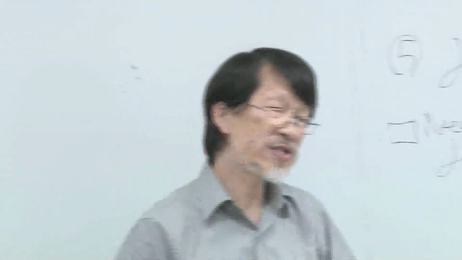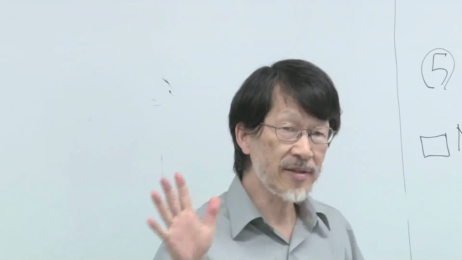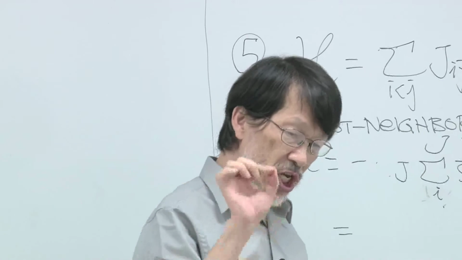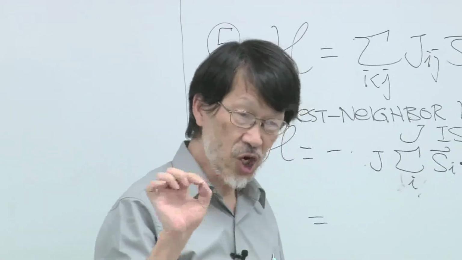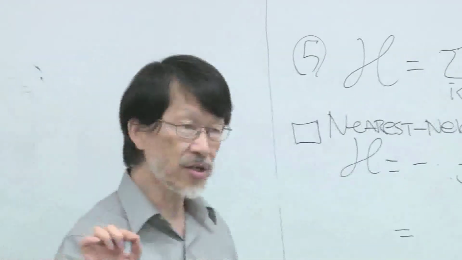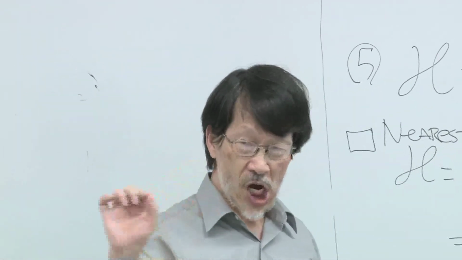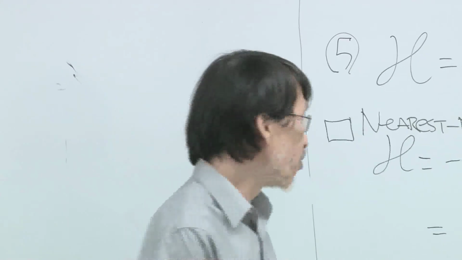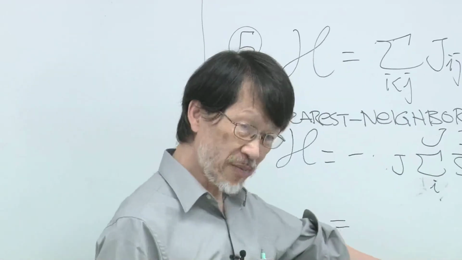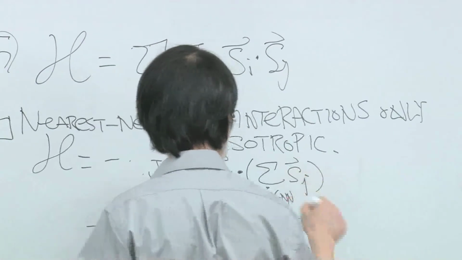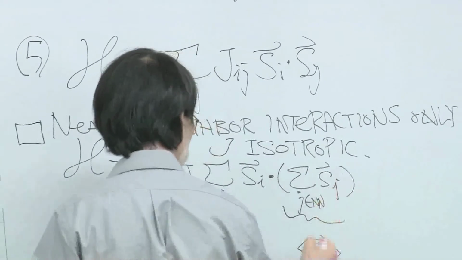And of course, the average value should not depend, in many cases, on which ionic site you're talking about. Particularly in a case like a square lattice or cubic lattice, all the ions are the same. In a sense, there's no special position. Okay? Therefore, the average should be the same for all the spins, all the magnetic dipole moments. So you replace each of these with the average value.